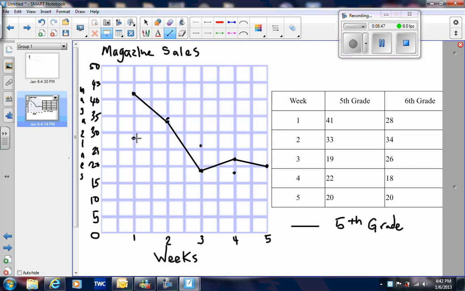So I'm going to connect all of these for the 6th graders, ending right on that same exact spot. And then down here on my key, I want to make sure that people reading my graph knew that when they saw that dotted line, that was the 6th grade.